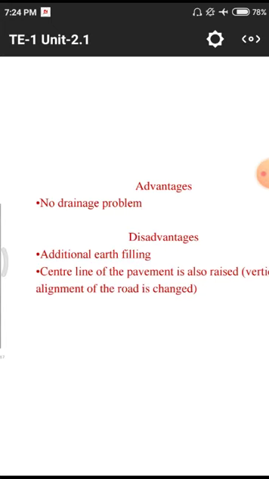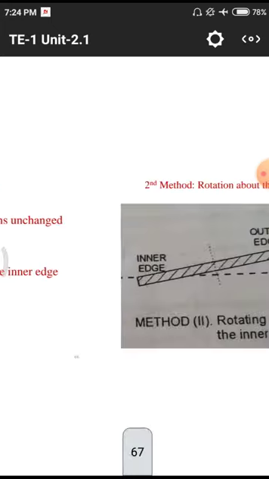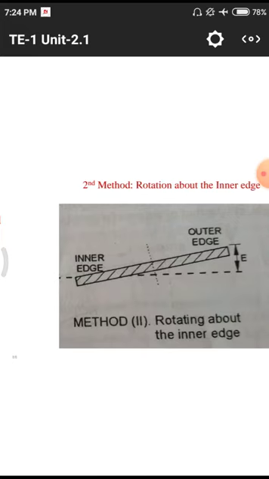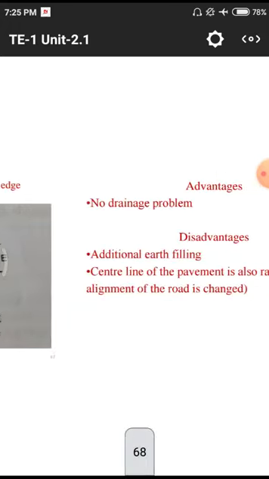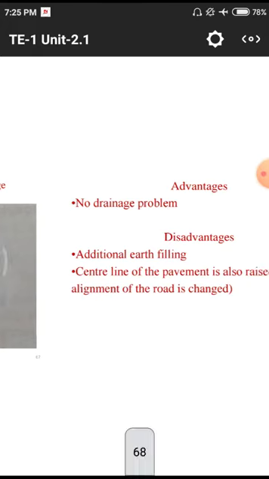In this method, the advantage is no drainage problem. That means the total water will be drained from the road to the other side. There is no stacking of water on either side of the pavement, so the water will be drained another way by using small canals behind the roads. On national highways and other structures, we observe these kinds of small canals.